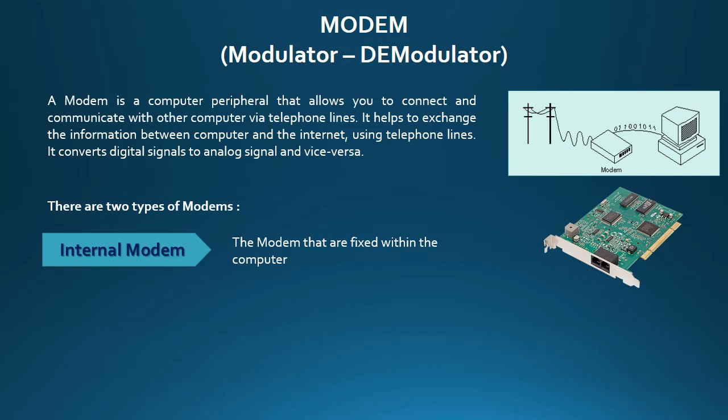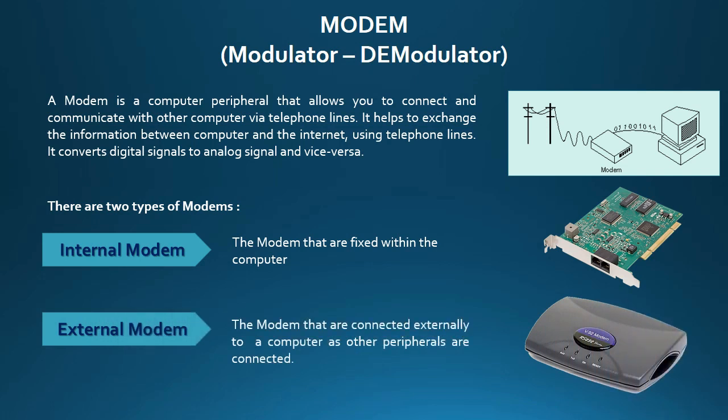Now another one is the external modem. This modem we can keep outside of our computer, and as it is shown in the first picture, it behaves like that. So these are connected externally to a computer as other peripherals we connect.